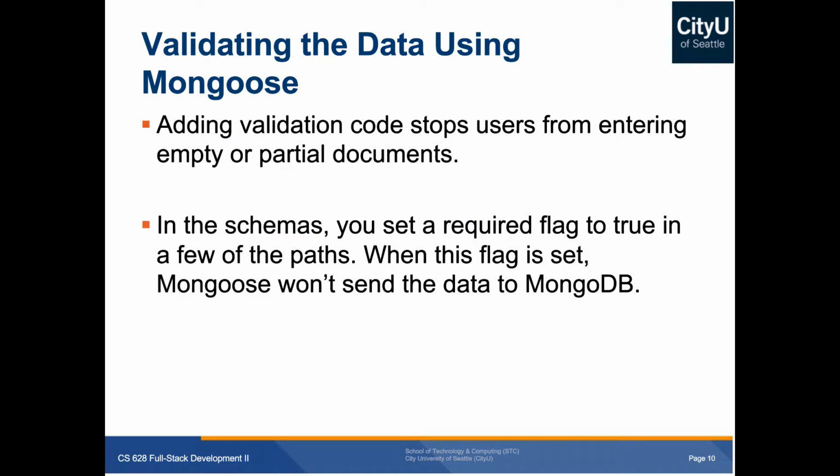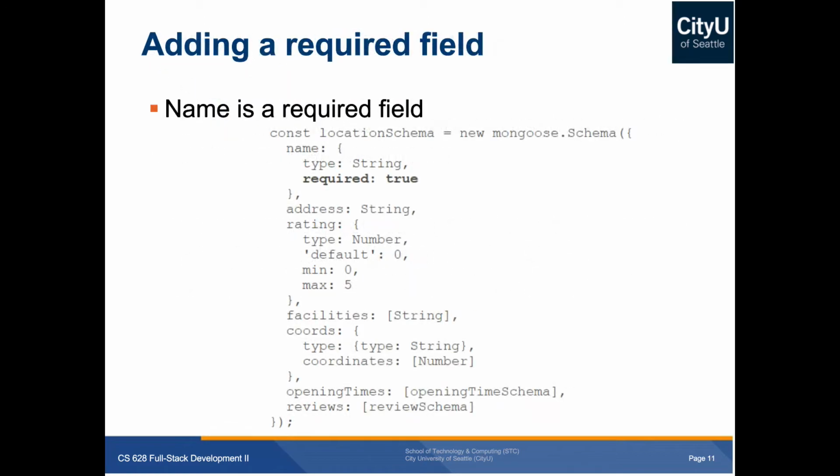Validating the data using Mongoose, right? So the validation code stops users from entering empty or partial documents, right? So it's the same thing as when you add validation rules in your form input data. You can also add validation in your model. Okay, for example, required true. This is revisiting the MongoDB or Mongoose section.